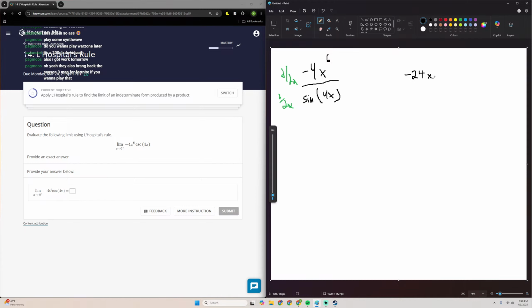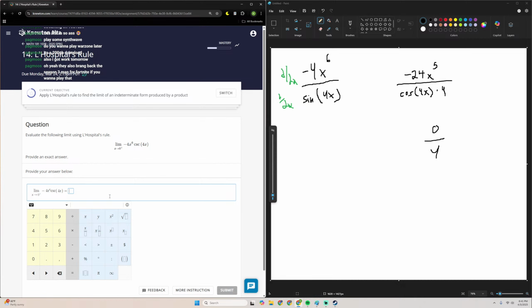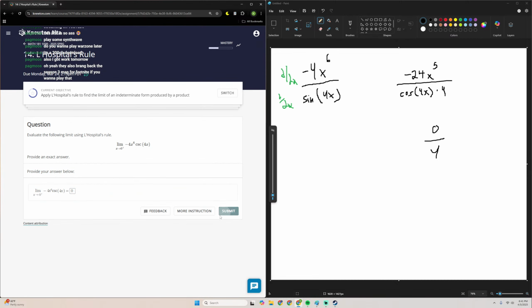X to the 5th divided by cosine 4x times 4. If this is 0, cosine 0 is just 1. So this becomes 4 over... what the hell? 0. 0 divided by 4 is just 0. Yeah. 0. It has to be right.